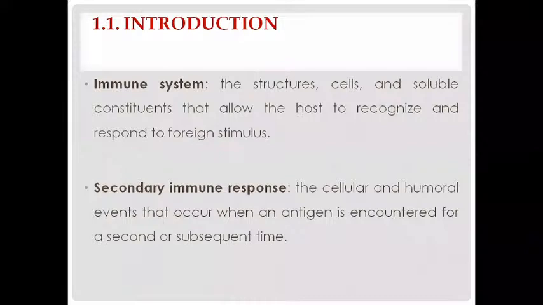These are all organized in such a way that there is always the first line of defense, the second line of defense, and the third line of defense. Now, the first line is usually the physical barriers: your skin, your secretions, the pH, and all that. The first line of defense is just to protect, especially mechanical barriers.